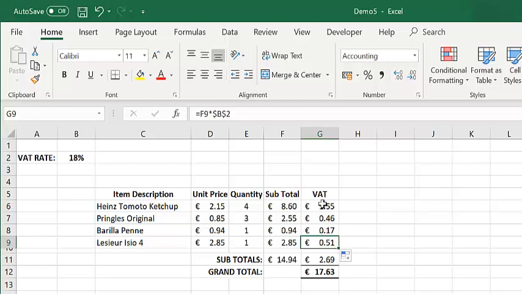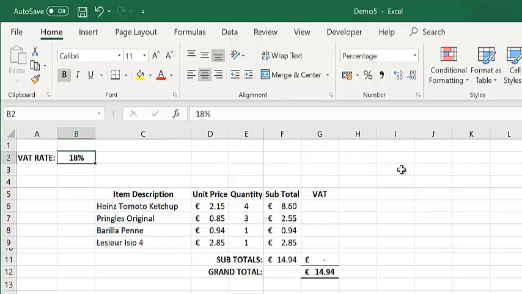So to do cell naming, we have to do this. The first thing is to select the cell where we have our VAT rate and give a name to that cell. To give a name to that cell, all you have to do is click here in the name box and write a unique name.